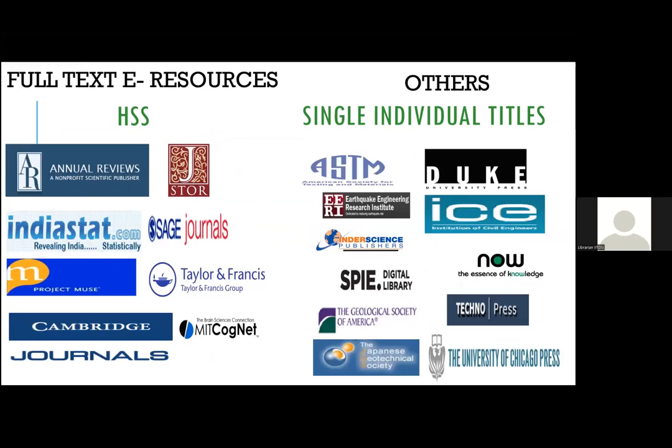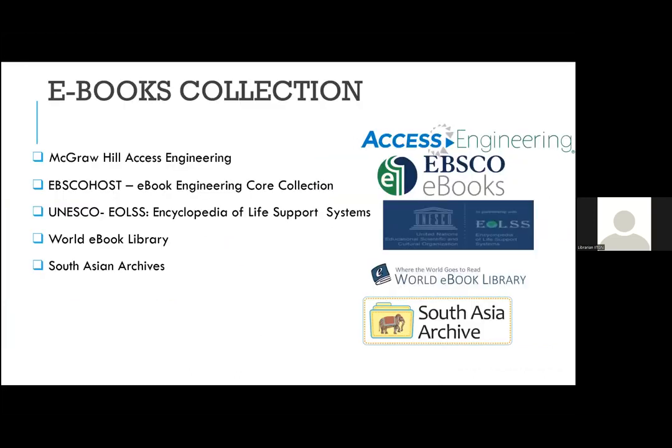Also, in addition to the collections, we have a small collection of individual titles. Sometimes, for example, Taylor and Francis have a good number of titles, but we don't subscribe to all of them. Same is the case with SAGE. We do get some titles that are core for us. So that constitutes our journals and database collection.